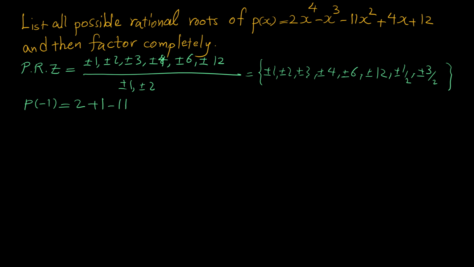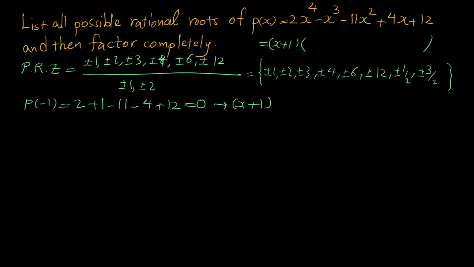Minus 4 plus 12. Is this 0? 12 plus 2 plus 1 is 15, minus 11 minus 4 is 0. Yes, it is 0. And because it is 0, it means that x plus 1 is a factor for this polynomial. So this polynomial can be written as x plus 1 times another cubic polynomial.